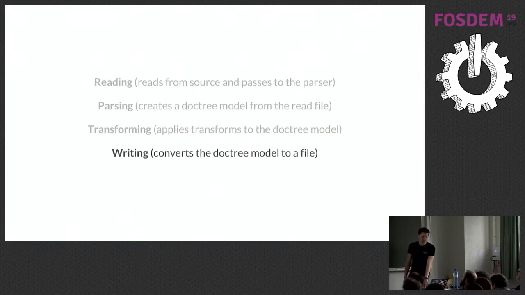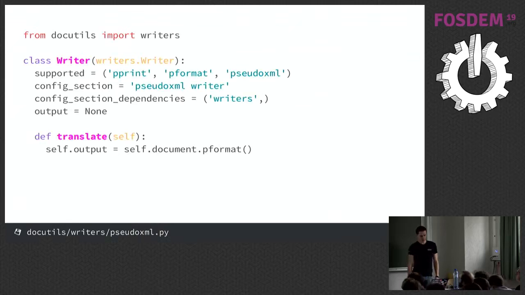Writing is significantly easier than parsing, which is probably why there's so many builders and writers available. All that you need to do is provide a translation layer. For something like the pseudo XML or the XML file, all they're doing is writing the doctree straight out to a file or out to the screen.